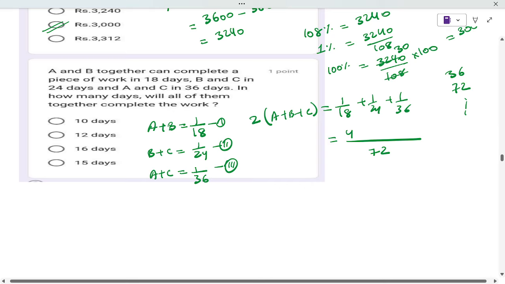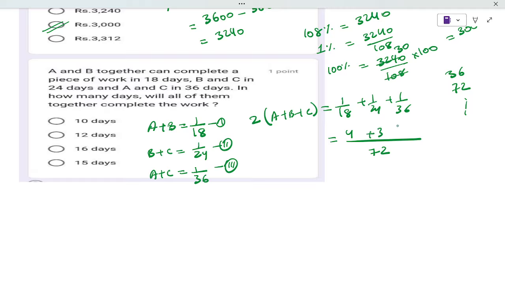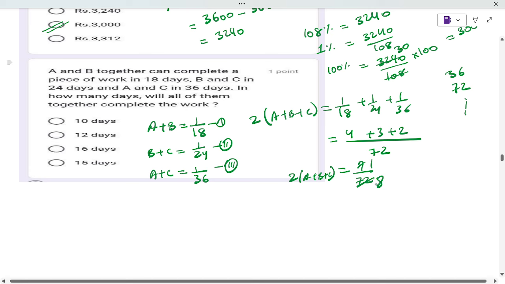So 4 plus 3 plus 2 is 9 by 72. So 2 times A plus B plus C is the 1 day work, 9 by 72, which is 1 by 8.